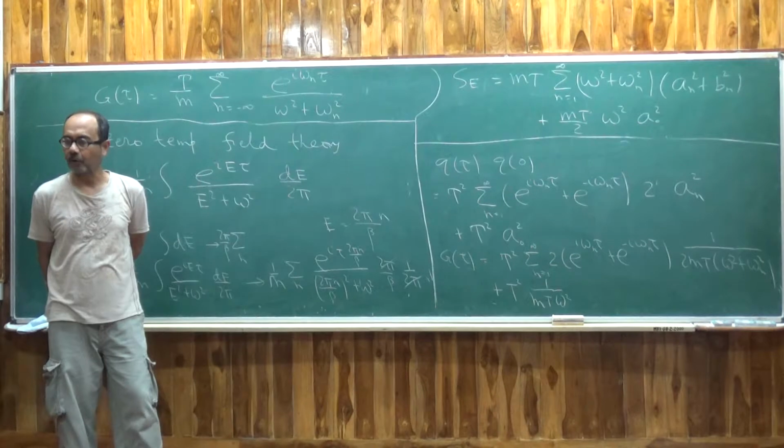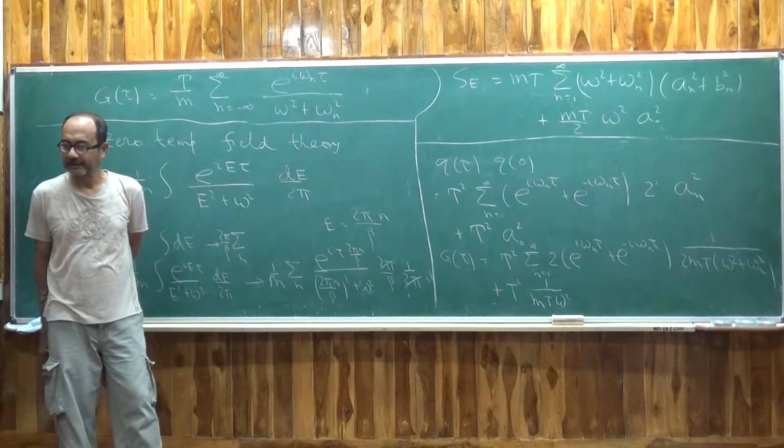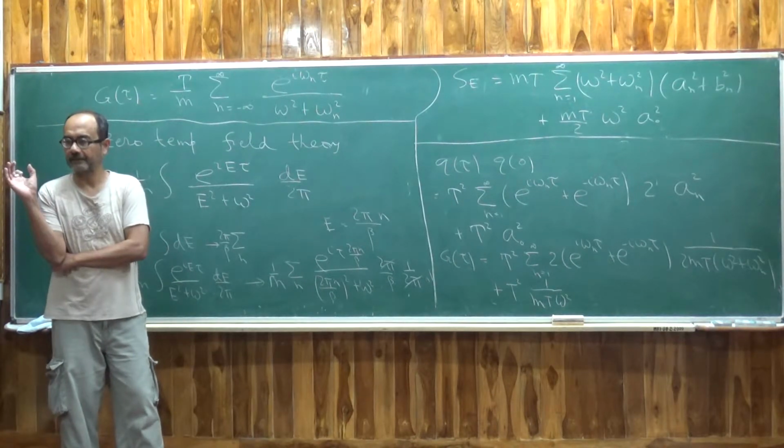Then that formula you can use for finite temperature, high temperature, anything that you want to do. That's an exact formula. All I am saying, to get to that exact formula, you can start with the zero temperature result and discretize the energy into an energy sum.